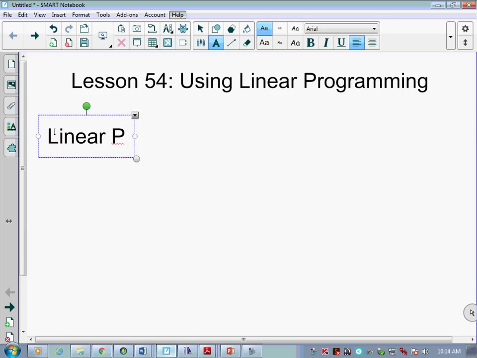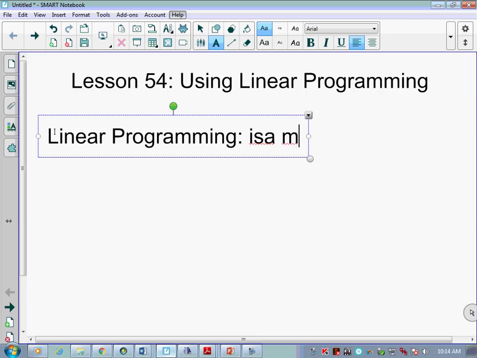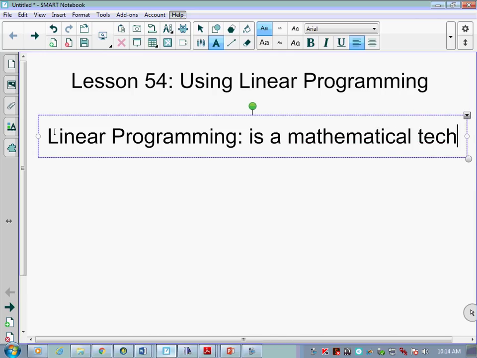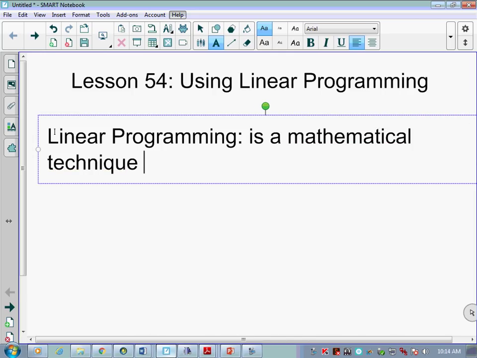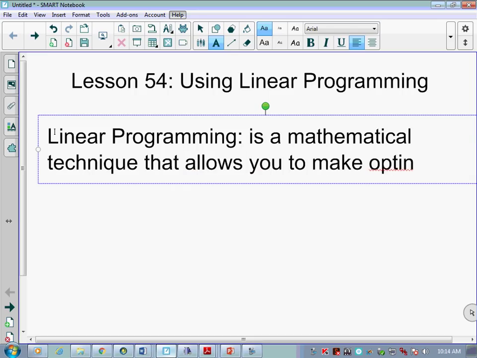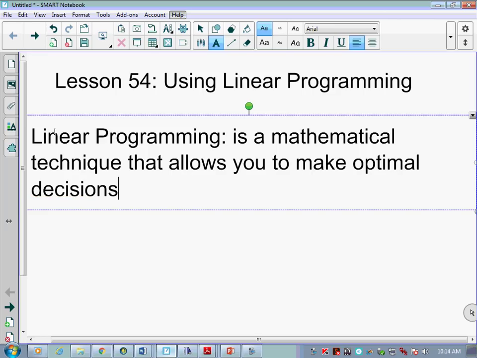Let's see, Corey, can you tell me what linear programming is? And I'll try to type it while you're talking. Linear programming is a mathematical technique that allows you to make optimal decisions from a complex set of choices. Linear programming would be looking for the maximum value of an objective function subject to a certain constraint.